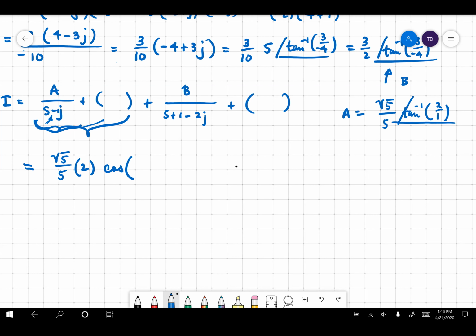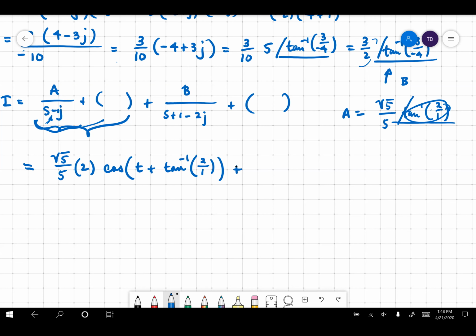So I get this 1t, cosine of t, plus I get this phase shift over here from A, tan inverse of 2 over 1. That's that term.